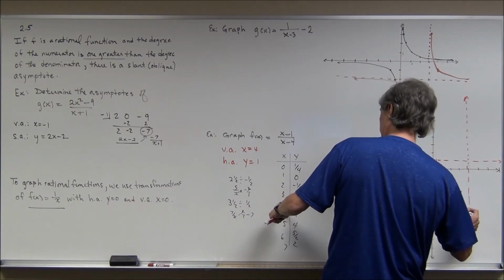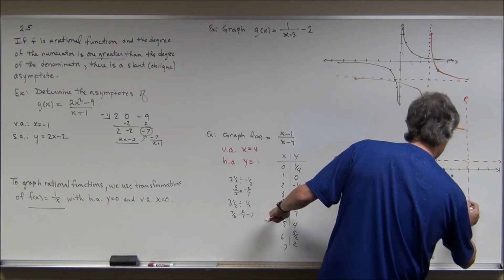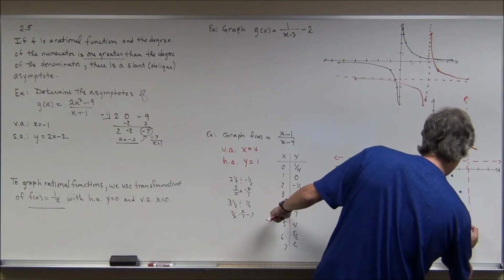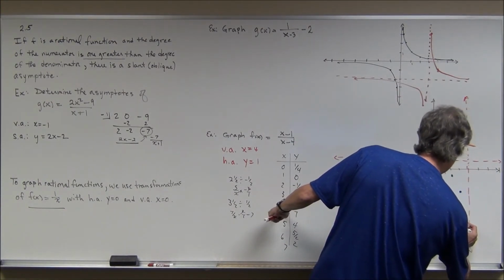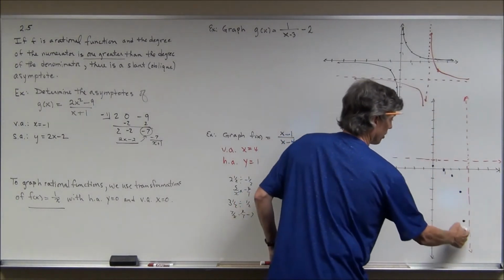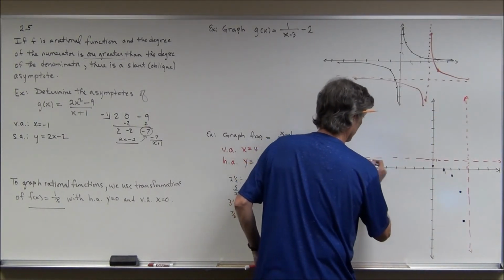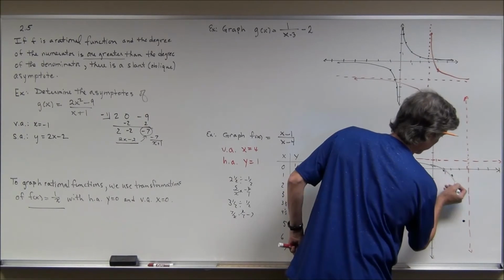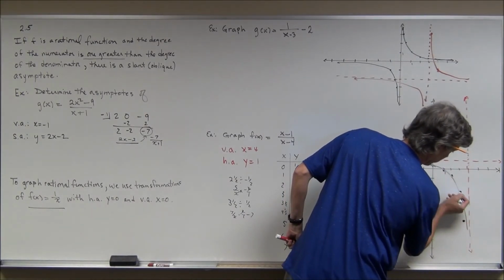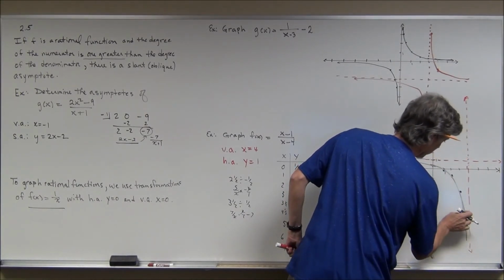And 3.5, -5 is down here. Do you see the curve here, the branch of my graph? So plug in more points to get a better idea of your sketch.